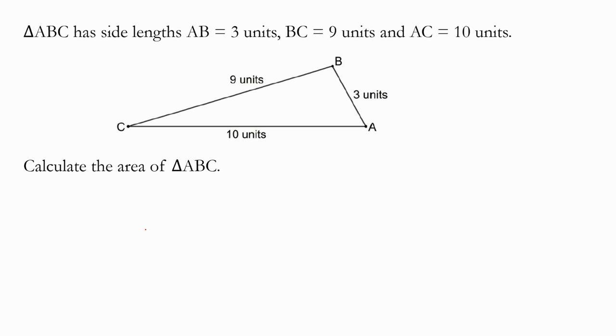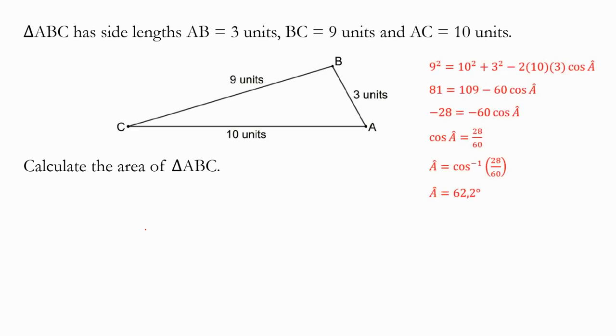Remember in the previous question 3b1, we calculated the size of angle A. So we said that this angle A here is 62,2 degrees. Okay, so it is an included angle if you look at sides AB and AC. So we can use the area rule to find the area of this triangle.